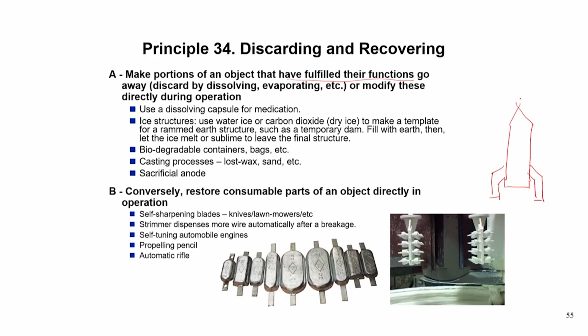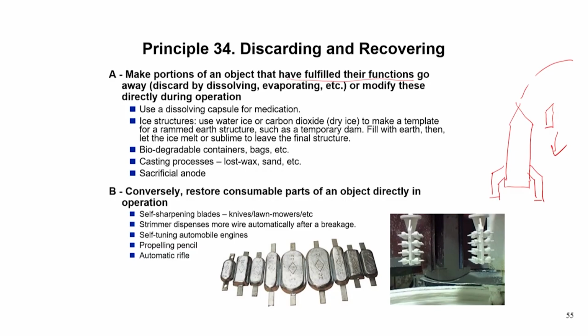Once the rocket reaches a certain trajectory, these things are actually dropped down. So, they come down, and then you recover them and use them again. So, discarding and recovering saves a lot of costs. The casting process, the lost wax process, is another very good example of it. Sacrificial anode for pollution control.